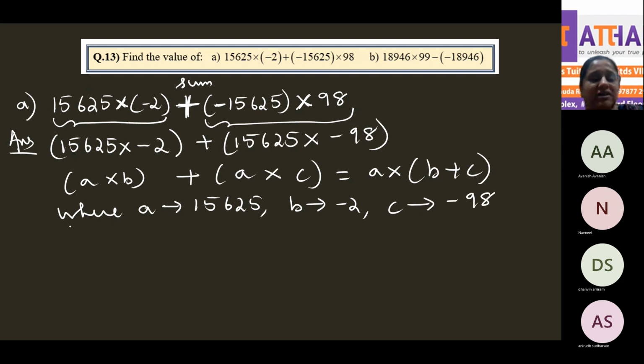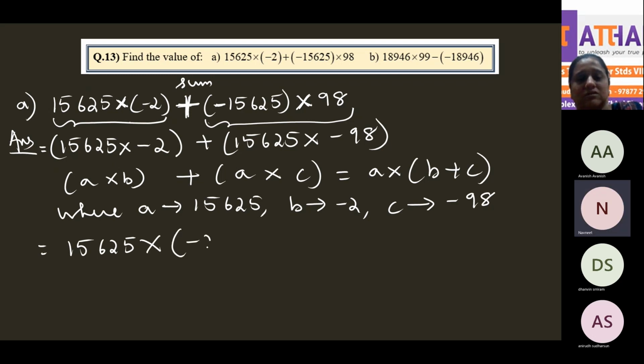So what is the answer then? The question is like A into B plus A into C, so the answer is A into B plus C. What is A? 15,625 into minus 2 plus minus 98 is the answer, ma'am. Very good. Minus 2 plus minus 98.